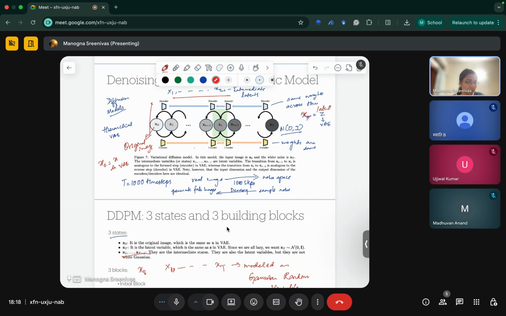And then this is the intermediate block, the green one you see. That state connects to the previous state and the next state. In the forward process it connects to the next state, in the reverse process it connects to the previous state. So it communicates in this way, and this is the last block. So there are three fundamental building blocks and three kinds of states in a DDPM.